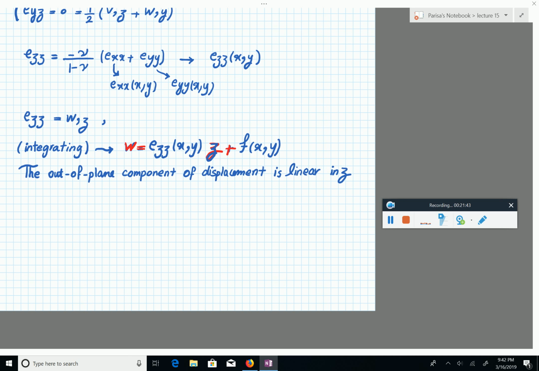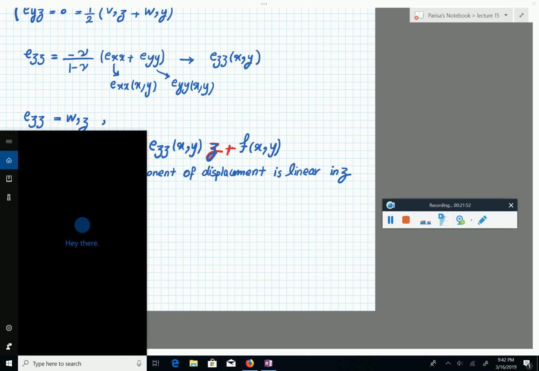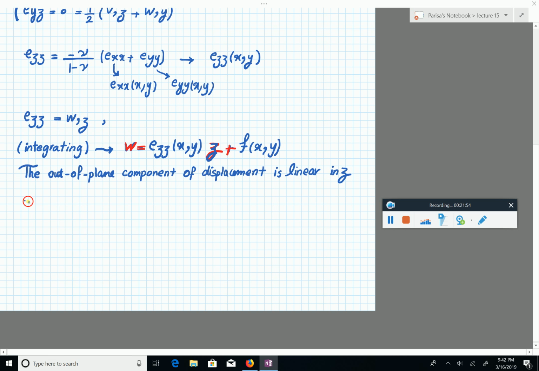And now that we have w, we can look back and look at, for example, Exz. Since this is equal to 0, we know that u comma z plus w comma x is going to be 0.